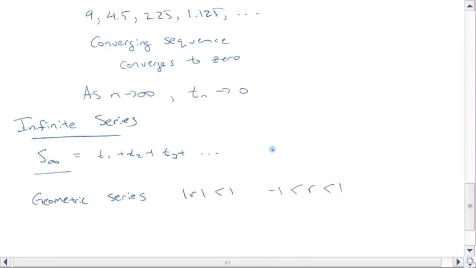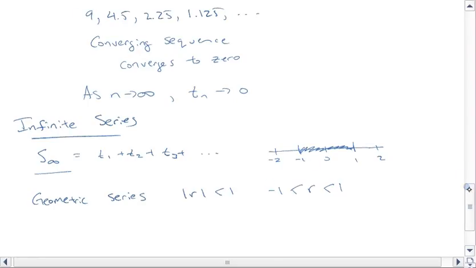On a number line, you can think of it like this: -2, -1, 0, 1, 2. That means r lives in this region, between -1 and 1. That's all we're trying to say here.